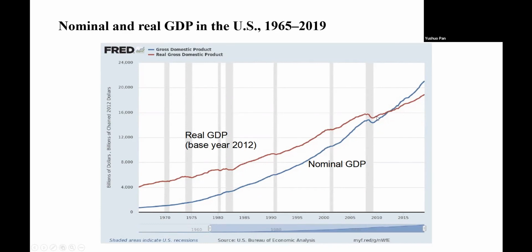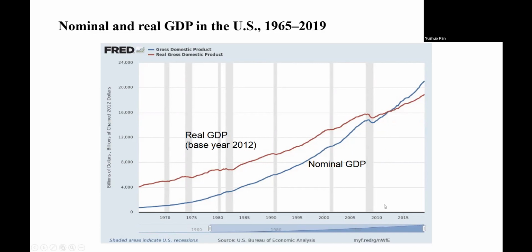But for nominal GDP, back to our definition, right? The nominal GDP and real GDP equal each other only in the base year. So in this case, if the base year is 2012, then it's here. The nominal GDP equals real GDP.